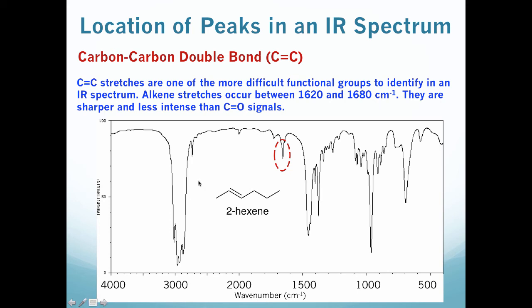And here we're going to look at the stretch for 2-hexene. This stretch corresponds to the carbon double bond carbon, and you can see it right here, right around 1650. And it's not very intense. So that's how we can say it's definitely not a carbon-oxygen double bond.